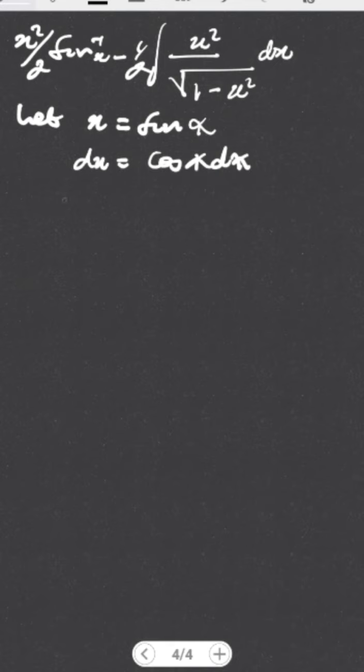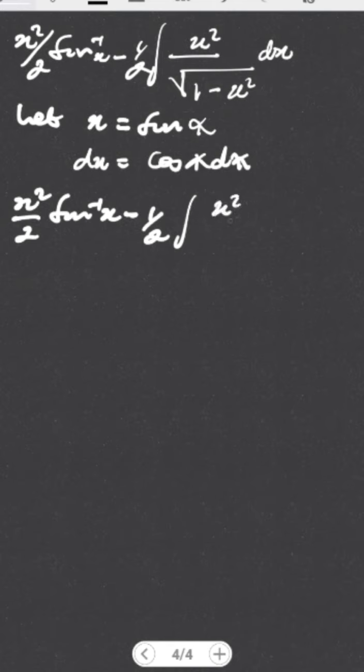So this is going to be x squared out of 2 sine inverse of x minus 1 out of 2 integral of x squared all over the root of 1 minus x squared, which would be sine squared k, then multiplied by cos of k dk.